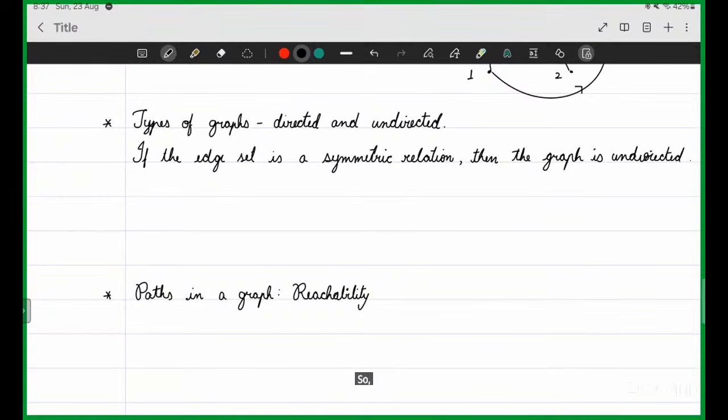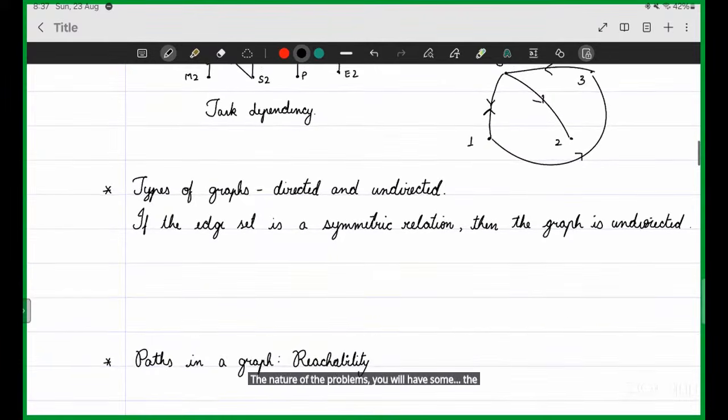So can it be drawn with two directions, two arrows, if we draw an edge? Yeah, that can also be fine. But in the nature of the problems, you will have the graph representing some phenomenon where whether it is directed or not will be obvious to you.